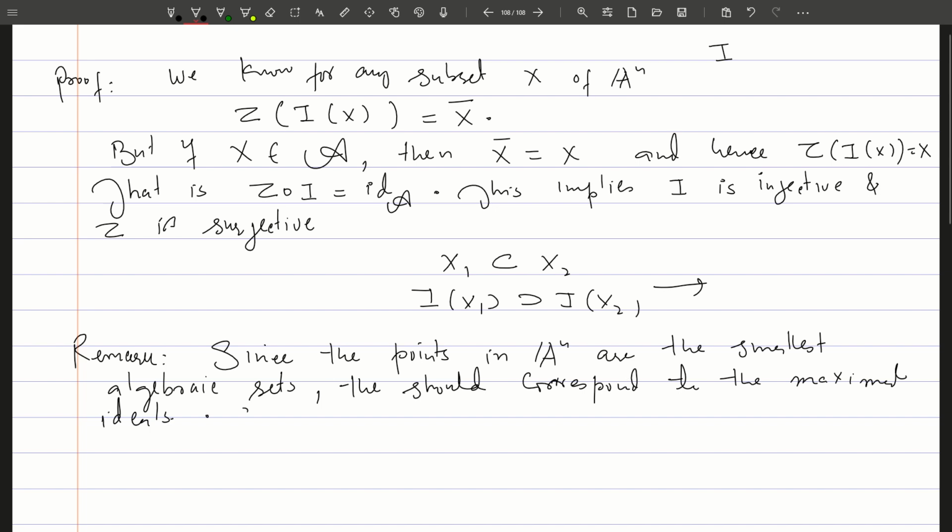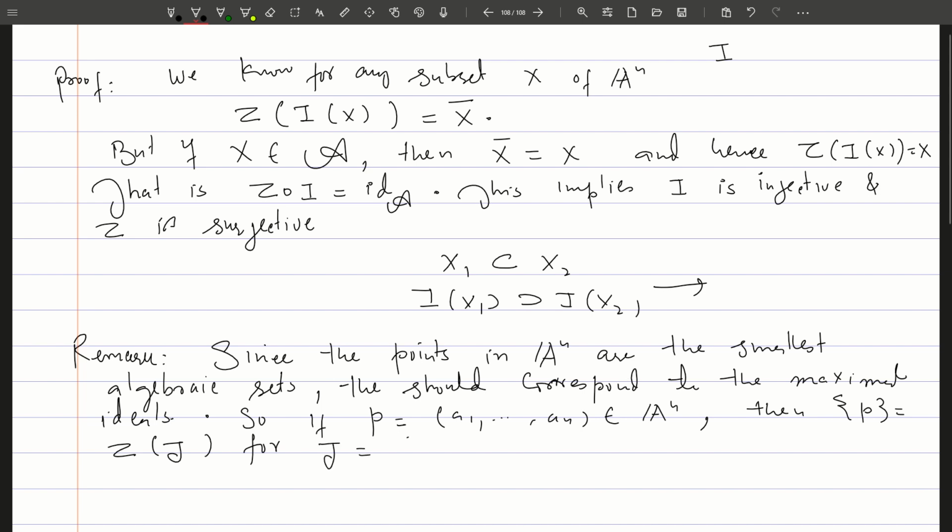So if P is a point a1 through an in the affine space A^n, then the singleton P is actually the zero set of the ideal J, for J to be the ideal generated by x1 minus a1 through xn minus an in the polynomial ring k[x1 through xn].